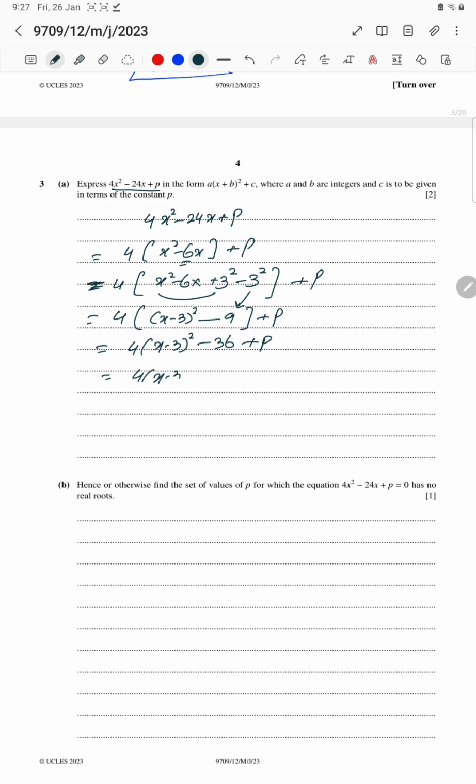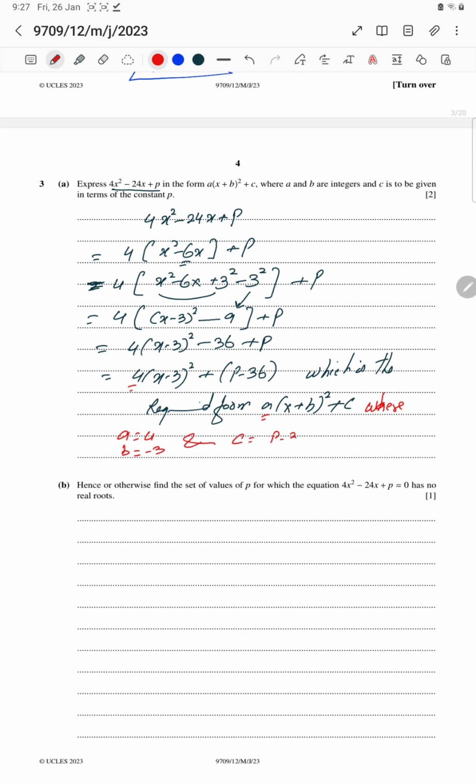So 4 times (x minus 3) whole square plus p minus 36 is the required form, like a(x plus b) whole square plus c. By comparing this with this, we can write a is equal to 4, b equal to minus 3 and c equal to p minus 36, right? This will be the answer of the first part, question 3.